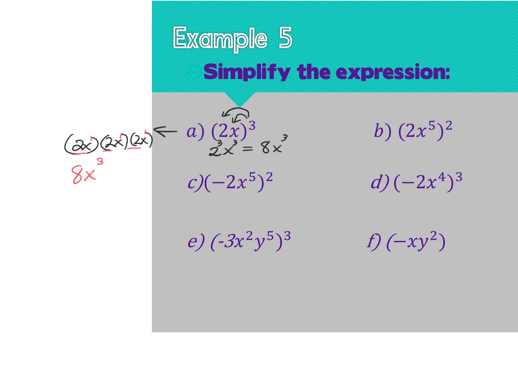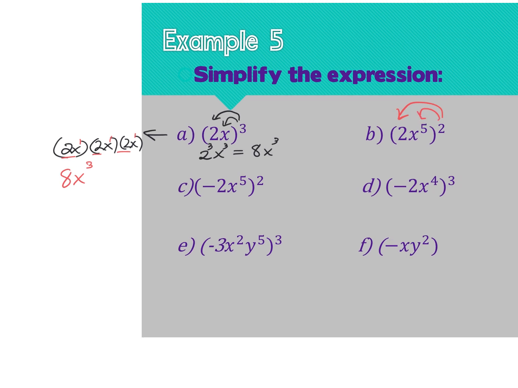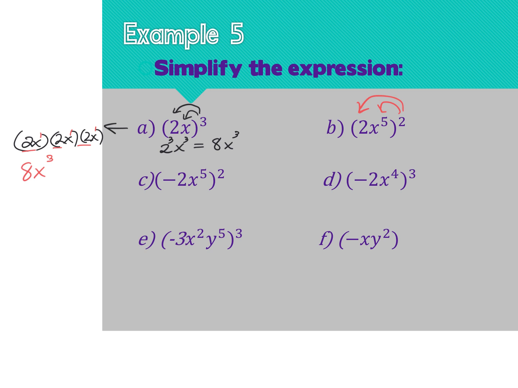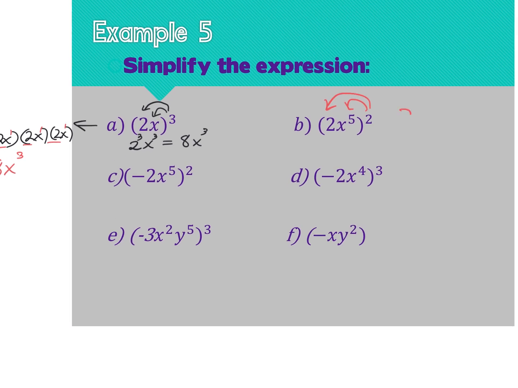For part B here, again, that power of 2 needs to go to the 2 and to the x to the 5th power. So again, you can either think of it as 2 squared, and then remember, power to a power, we're going to take that and multiply it.